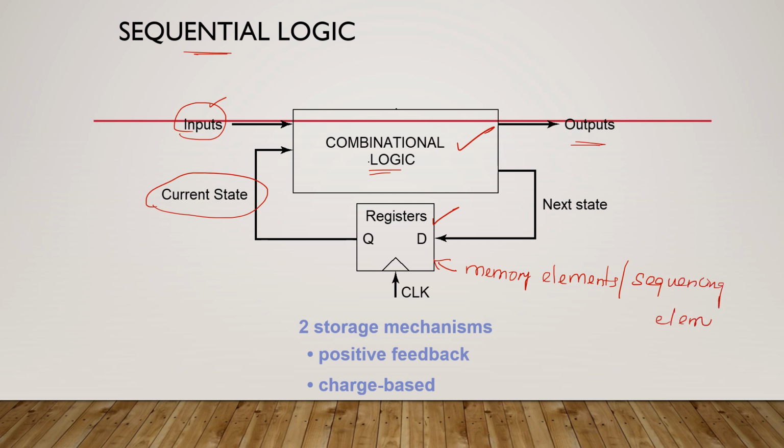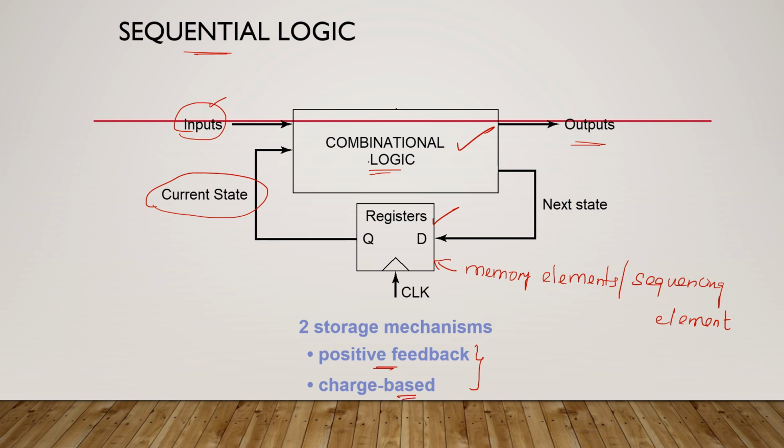Okay. See, a sequential circuit or register stores the data using two mechanisms. One is positive feedback, another one is charge based.